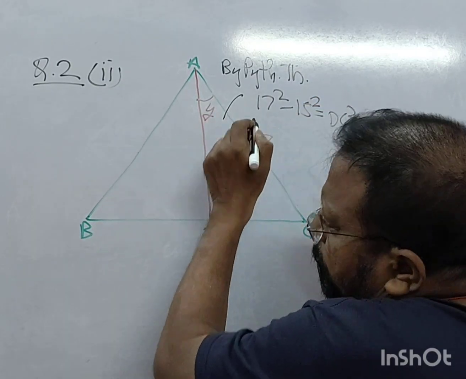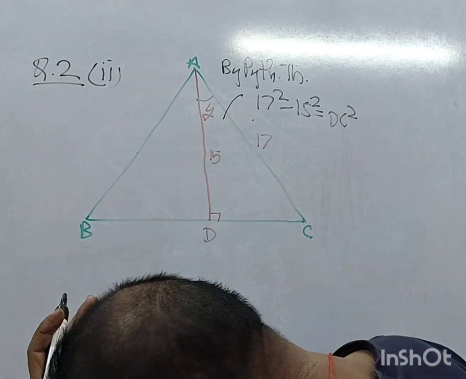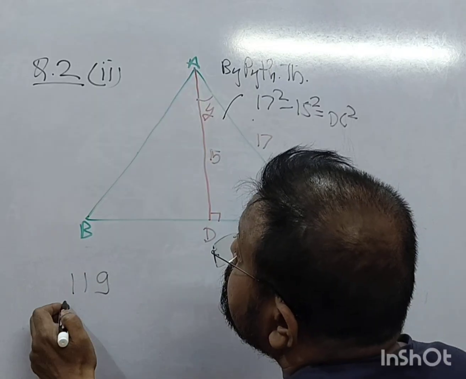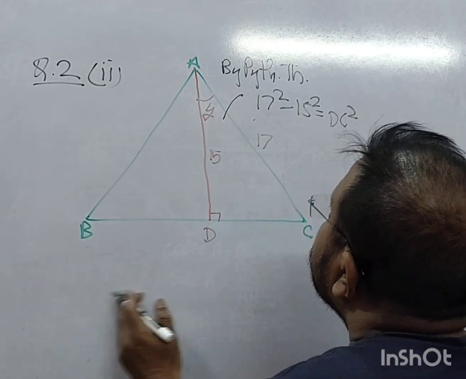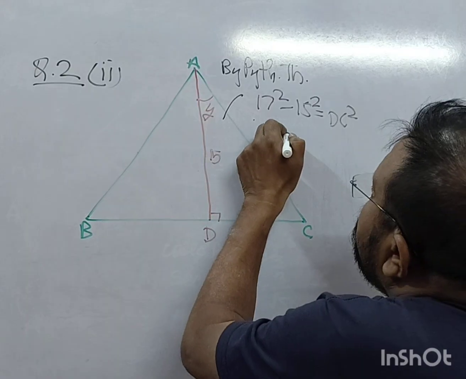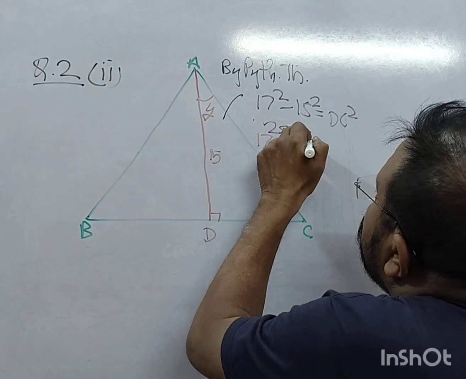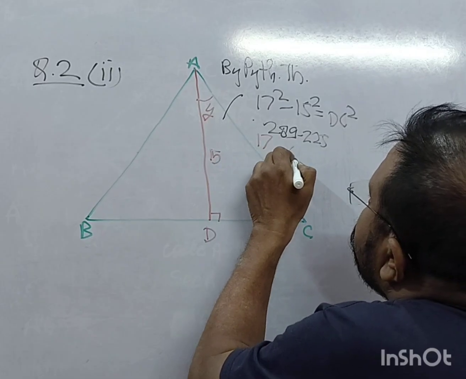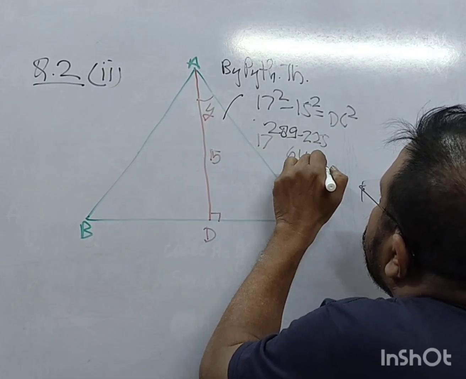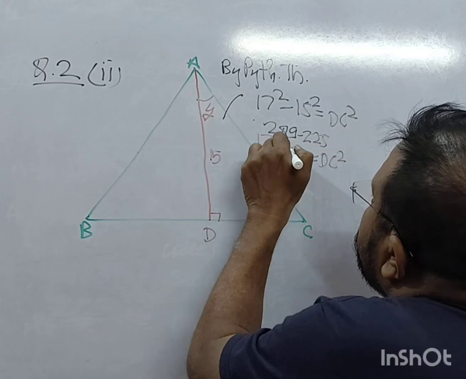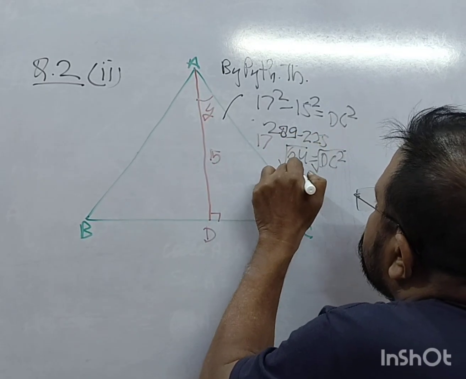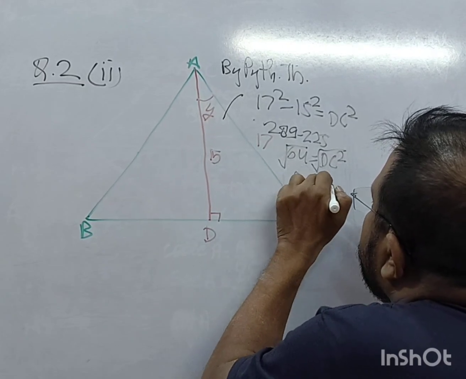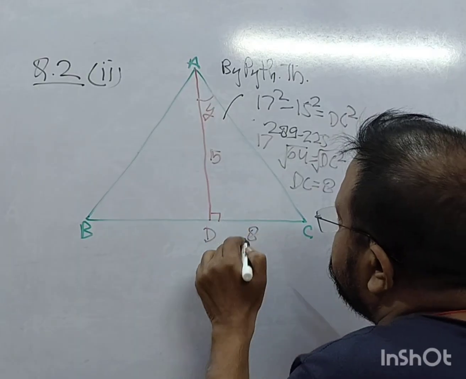Right? 289 minus 225. How much? 64 is equal to DC square. Taking root over both sides. So DC is equal to 8. So this is 8.